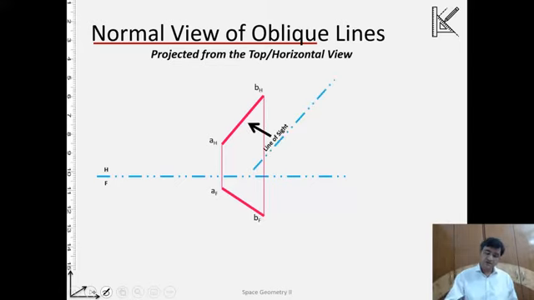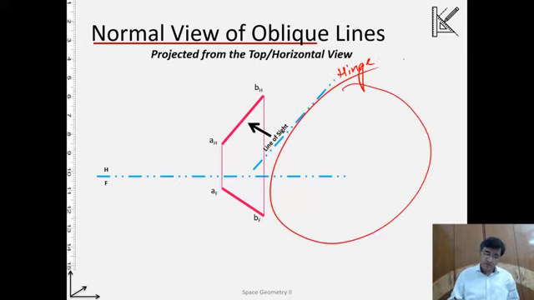This is the hinge line, or we can say this is the edge view of the plane. So right now the plane is going perpendicularly inside the screen. Once we open this, this is my horizontal one, and now I open it. So by opening, this is the area where my A3 will lie.